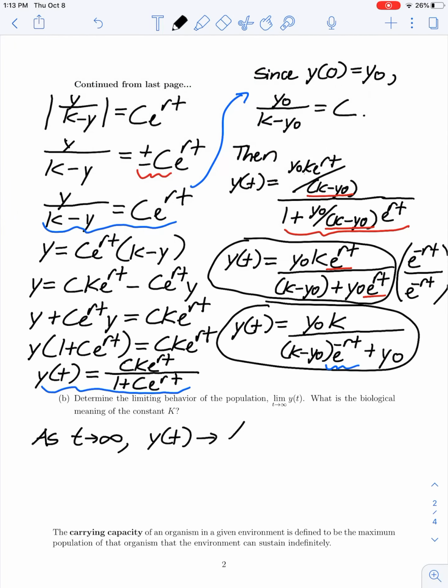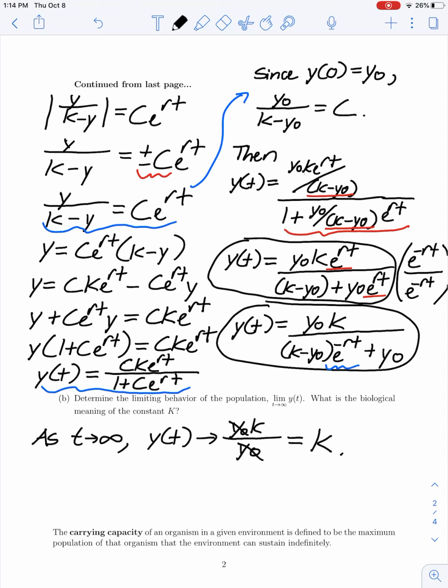So our numerator is the constant y naught times k, and our denominator is approaching 0 plus y naught, which is just y naught. So we can cancel a factor of y naught in the numerator and denominator, and we see that the limiting value of the population size is k.